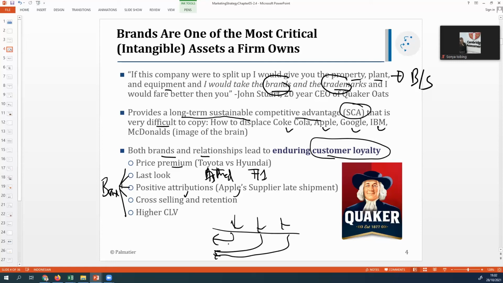Questions? What do you mean by last look, Pak? Is it the look of the product or what? So when you walk around the street driving cars, and then there is Zara, Uniqlo, what is the last look? Meaning that the one that you look at the most is the best brand, the better brand compared to the others.